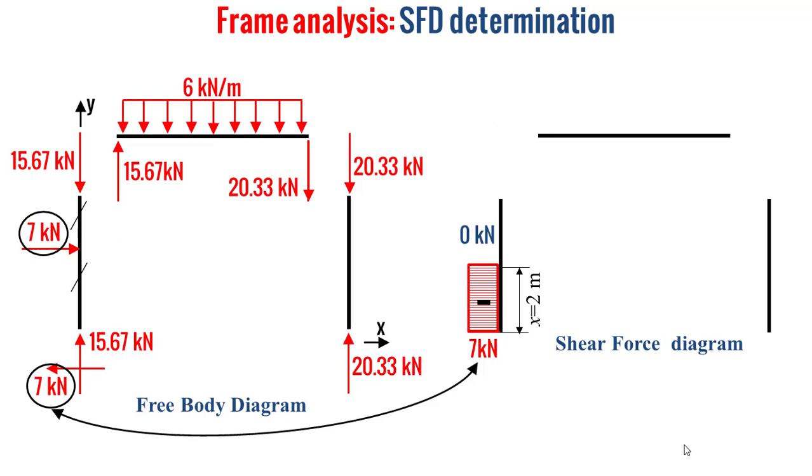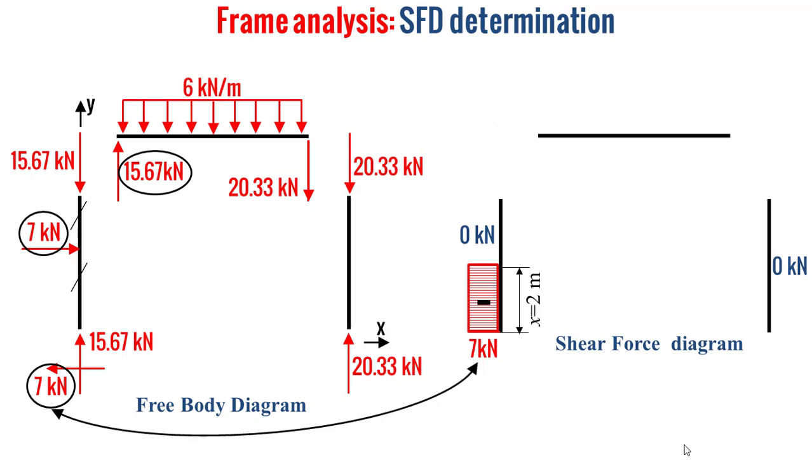For the right hand column, notice that we have only normal forces, we have no shear forces, so the shear force will be 0 kilonewton along the right hand column. Now for the beam, we have a shear force equal to 15.67 kilonewton applied in the left hand edge of the beam.